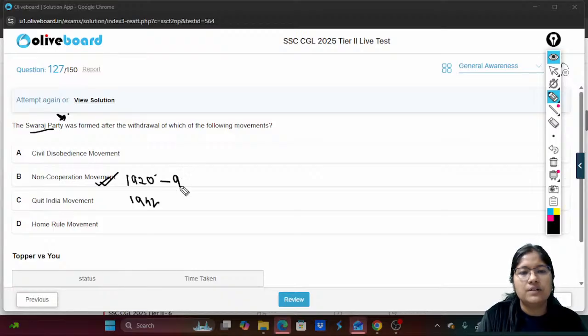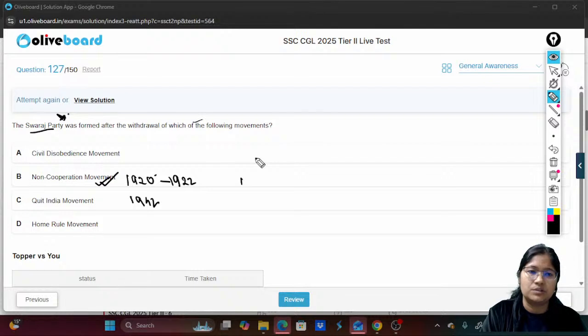If you study history, 1920, then by 1922, two years of movement, the pace decreases anyhow. But after that, what to do now? So now one wing will go for working by the constitution, seeking government participation wherever possible, making parties in that way. So that is why the Swaraj Party was made.